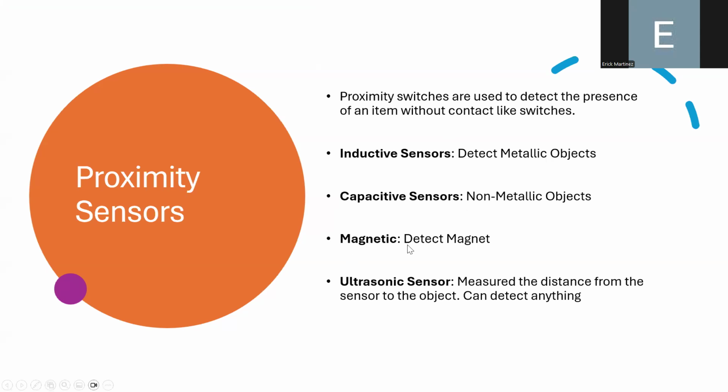Magnetic sensors can only detect magnets, and ultrasonic sensors are a particular case because these three in particular can only detect the presence or the absence of an object. But the ultrasonic sensor has the capability of not only detecting the presence of an object, but also measuring the distance, no, between the object and the sensor.